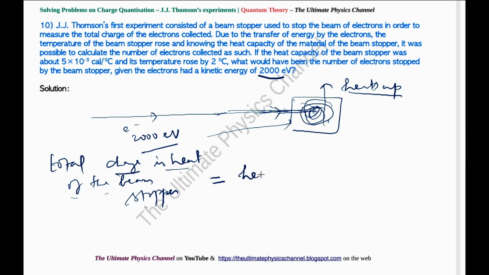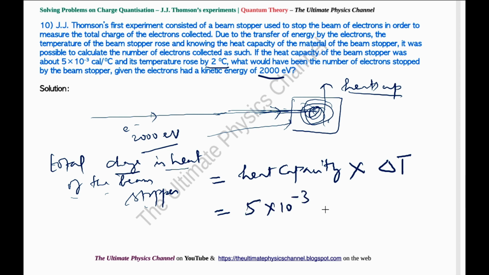So heat capacity multiplied by the change in temperature, which is 2 degrees centigrade, and the heat capacity value is given. So we can just multiply these two: 5 times 10 power minus 3 times 2, that is 10 power minus 2 calories. That is the amount of heat that has been received by the beam stopper.